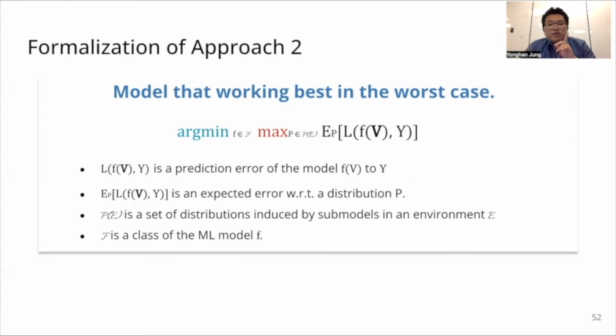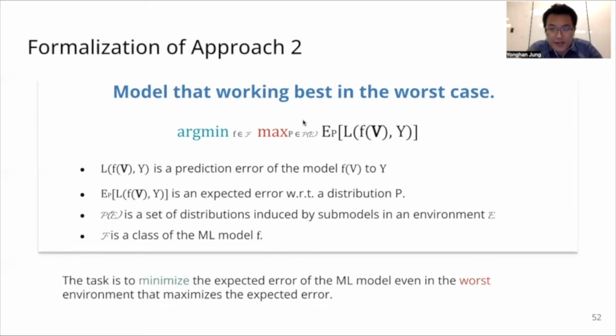The worst environment is defined in the sense that, among all environments and all distributions given by the structural causal models, the worst environment is the one that maximizes the prediction error. Our goal is to minimize the prediction error even in this worst environment. That is, we want to minimize the expected error of the machine learning model even in the worst environment that maximizes the expected error.